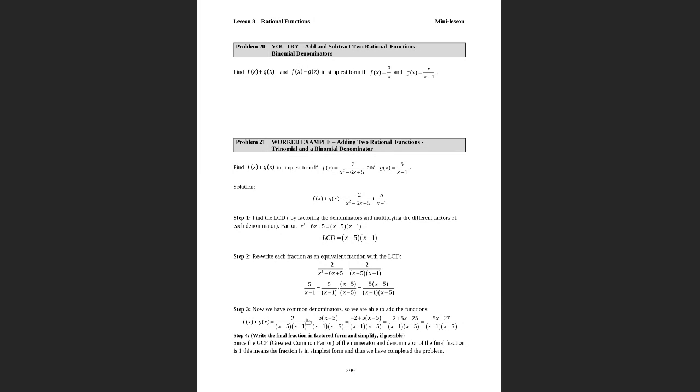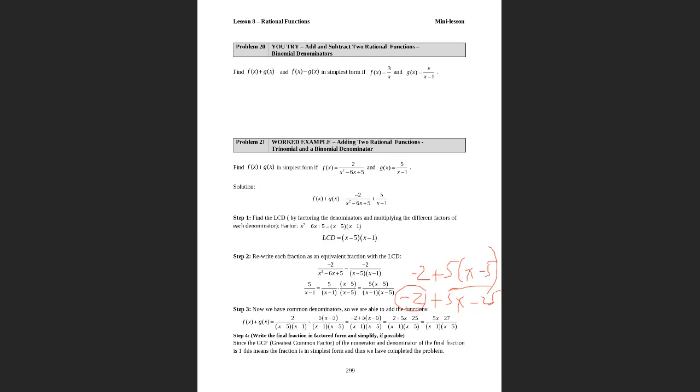So in the end, we have the same denominators, and then you add the numerators. When you add the numerators, you have minus 2 plus 5x minus 5, and then you open this up: minus 2 plus 5x minus 25.